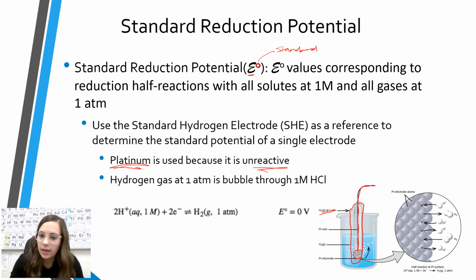Okay, so that's where we get the hydrogen gas. The platinum electrode is just there to pass along the electrons. And of course, here's the reduction reaction for hydrogen. Okay, and so then we see that its standard reduction potential is 0 because we've set that as the baseline.